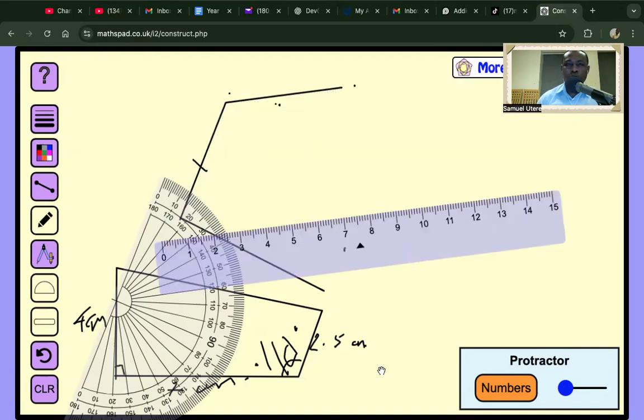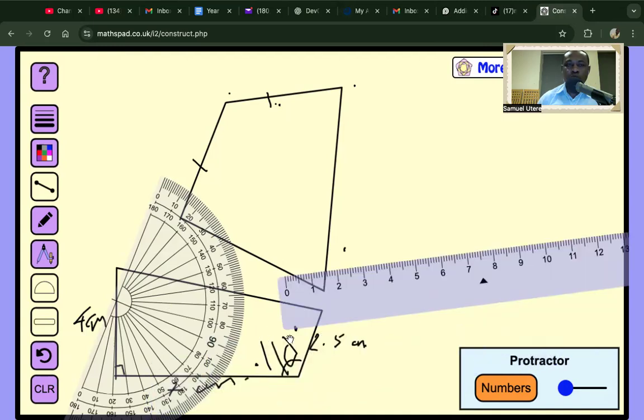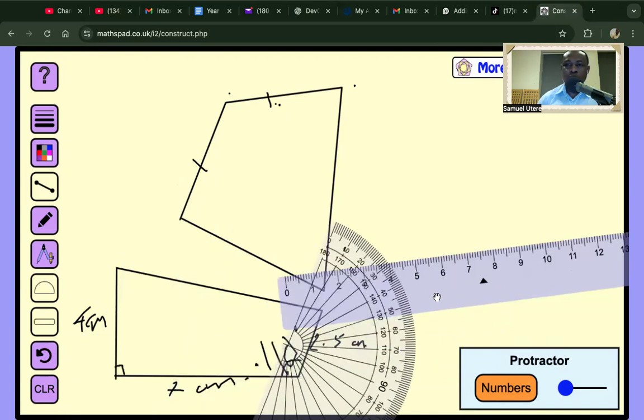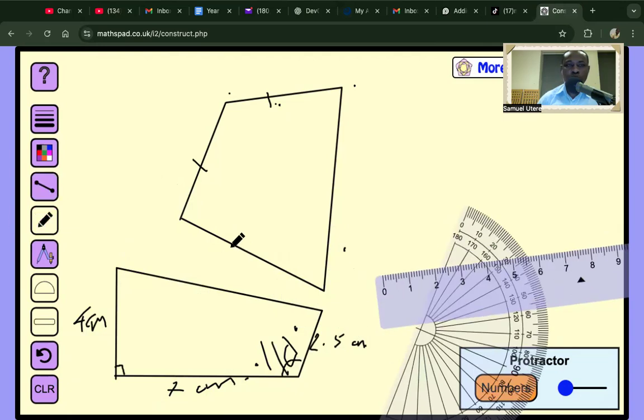And then I would make sure I put a hatch mark here. So I have completed the shape. I'll use my line segment to just complete it, which for you would be a ruler. So you use a ruler and a pencil and just close your shape. And then, of course, you won't forget to mark the dimensions on your shape. So this is 6 centimeter.